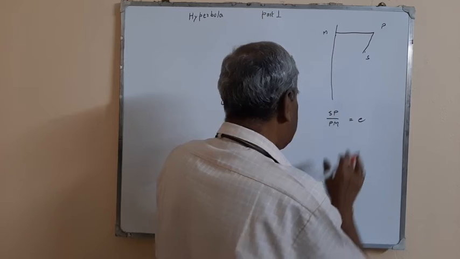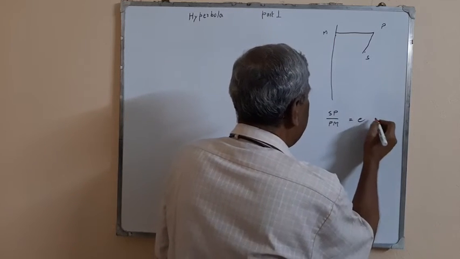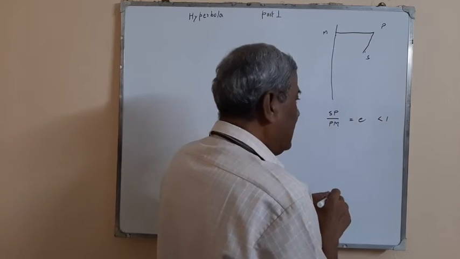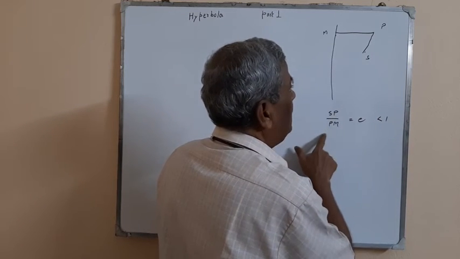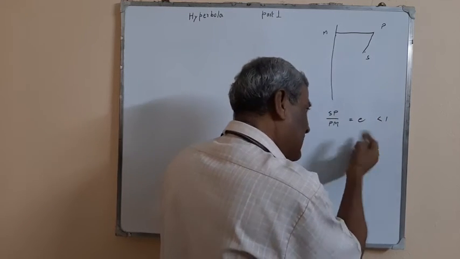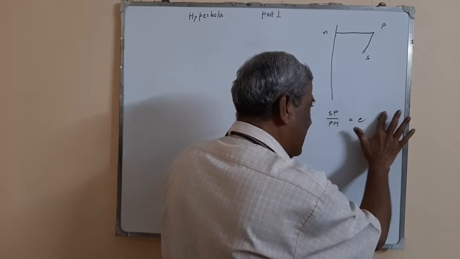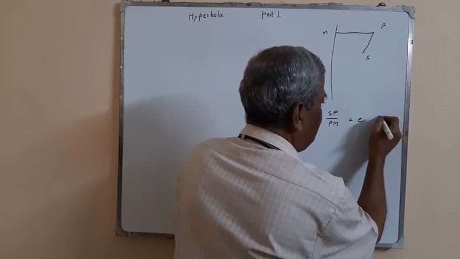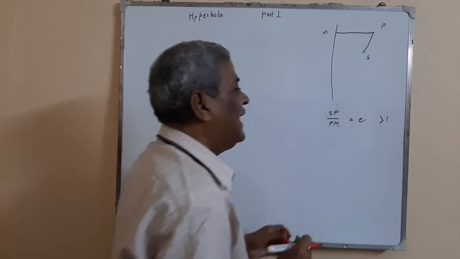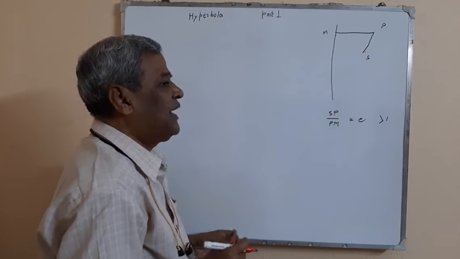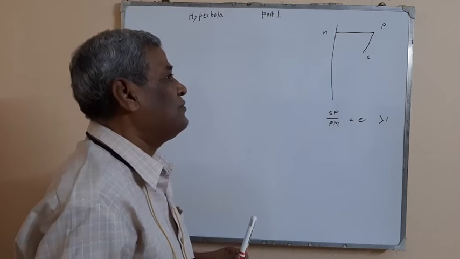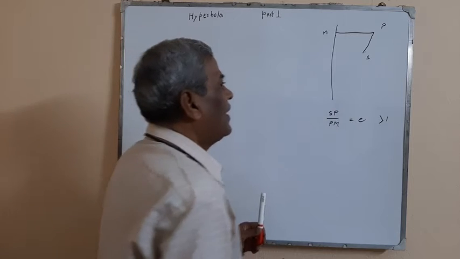In case of ellipse, we have seen that E is less than 1. But if that ratio SP by PM is E, and E is greater than 1, then it is a hyperbola. It is the only difference between ellipse and hyperbola.